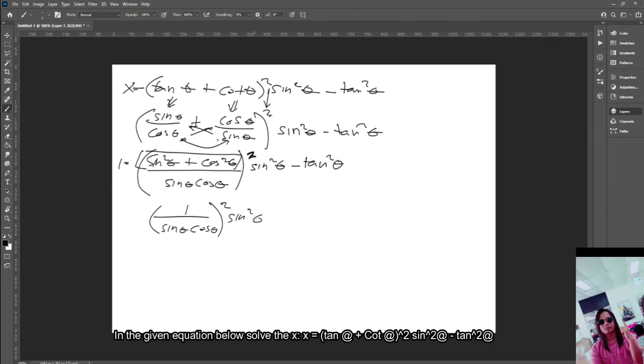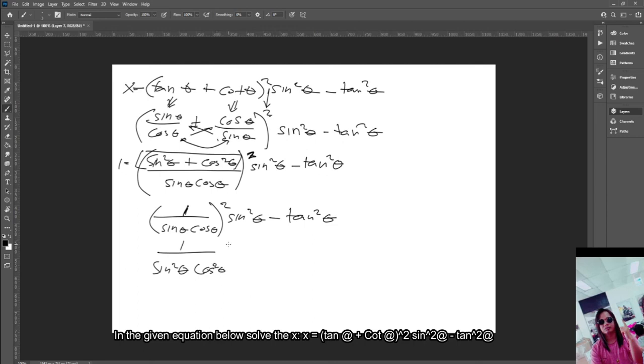Okay, this is getting better, guys. We are getting better and better every time we make mistakes. We square this, so 1 to the power 2 is still 1, sine to the power of 2 is sine squared, cosine, and then cosine squared theta.